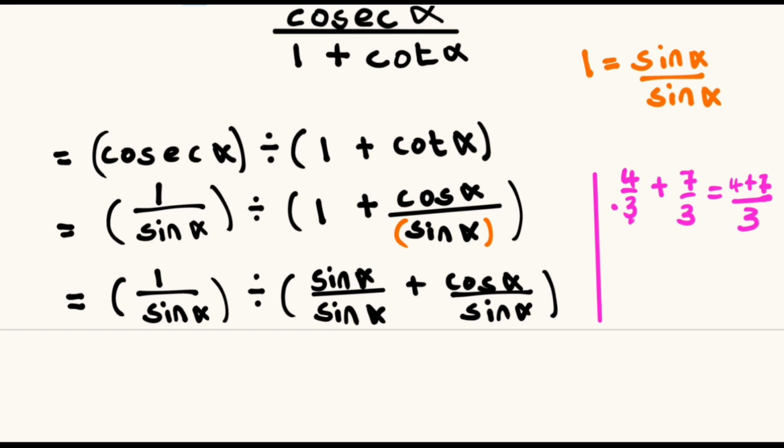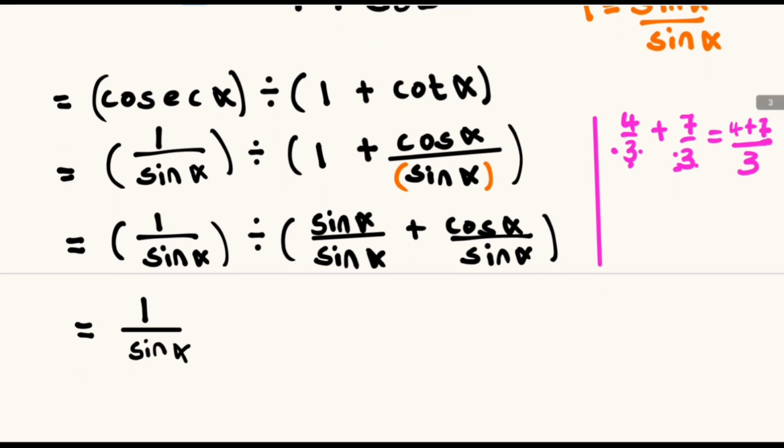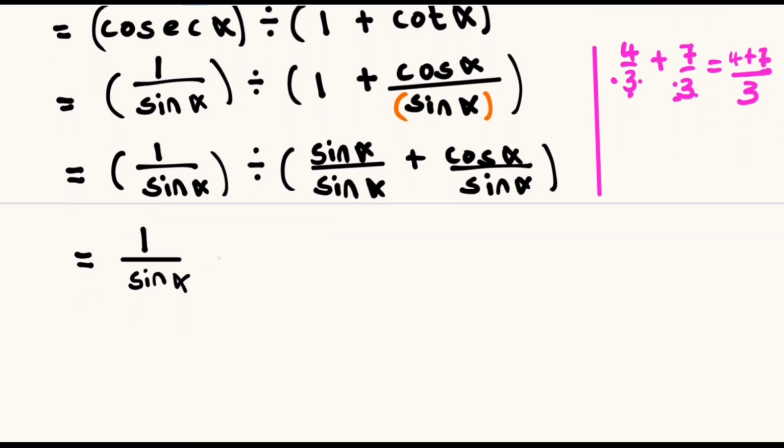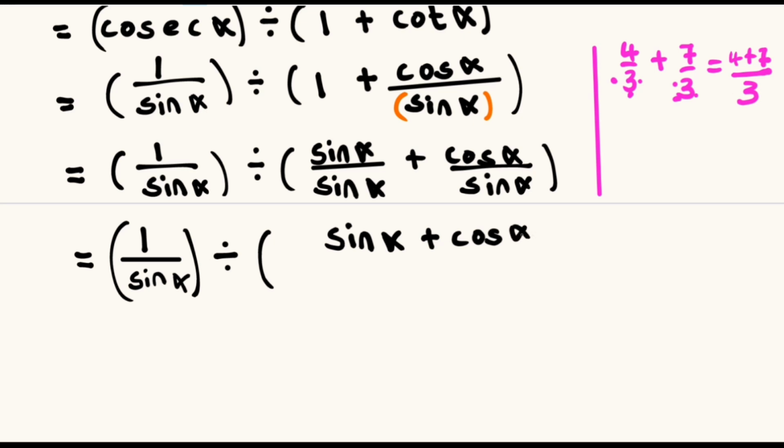Since the 3 is common in both the denominators, this will be equal to 1 divided by the sine of alpha, and this whole thing is divided by the sine alpha plus the cos of alpha, divided through by the sine alpha.